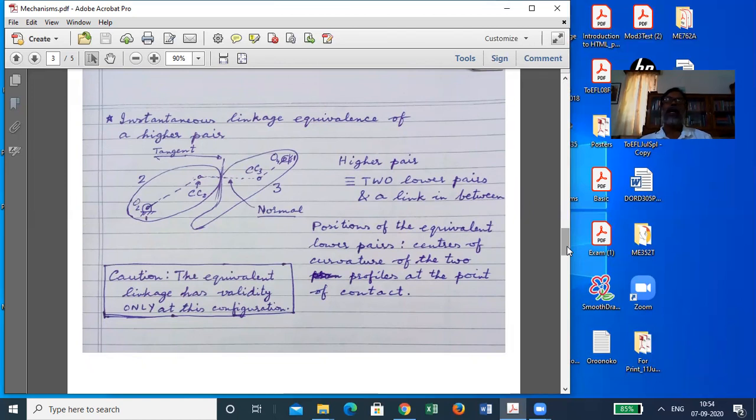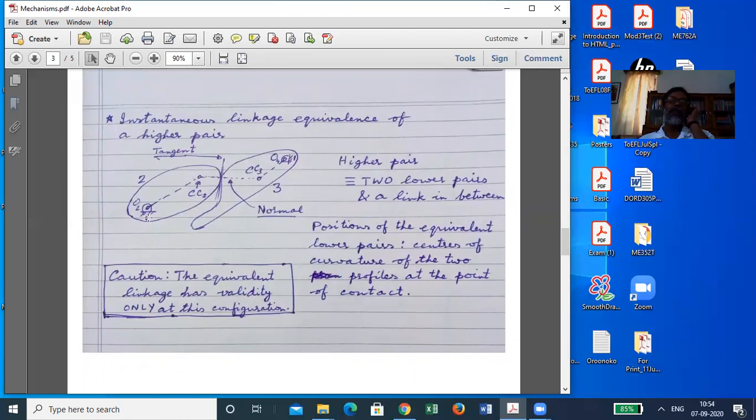Now, a higher pair mechanism cannot be totally described by an equivalent lower pair mechanism, because see this, it has one fixed link. Here is one end, here is another end.